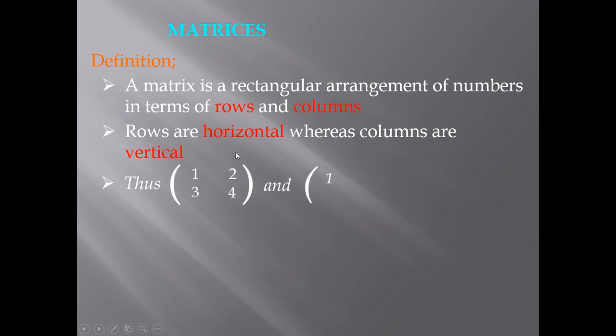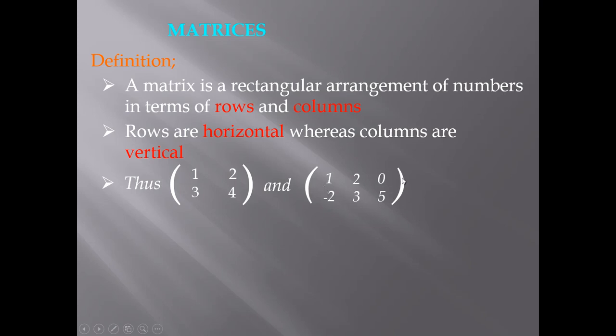So we also have this other matrix. You can realize that the sizes of these two matrices are different. The first matrix has 2 rows and 2 columns. Whereas in this matrix, this is the first row, second row.